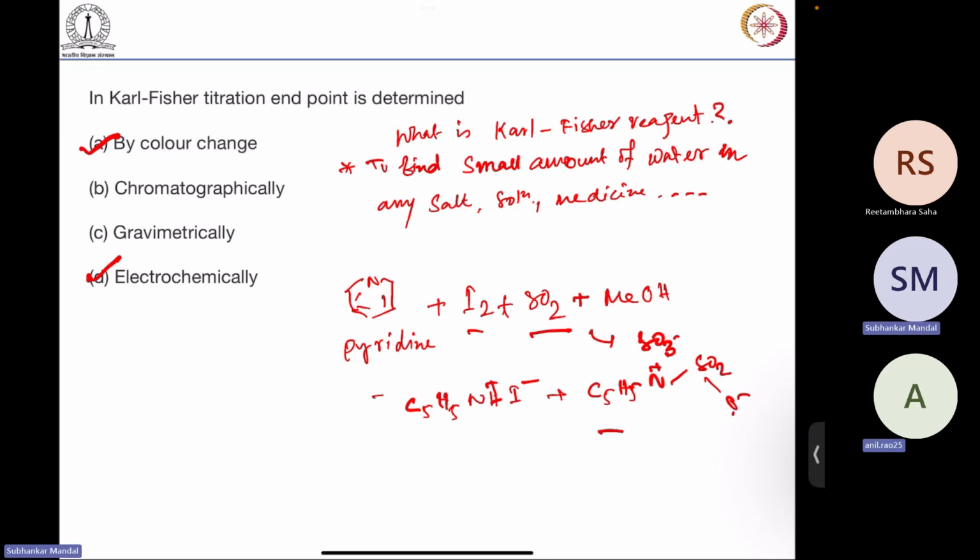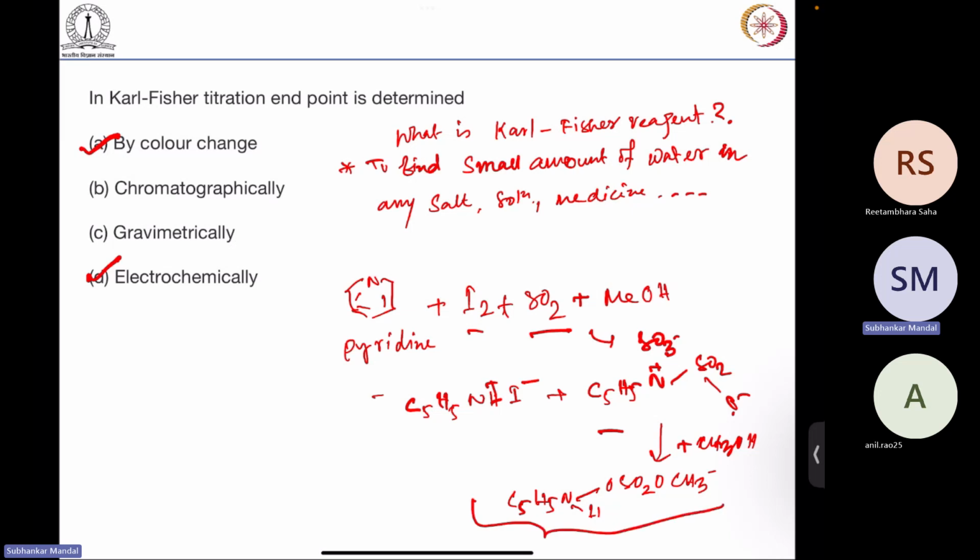After that, what will happen? It will react with the methanol solvent, so it will form C5H5N OSO2O methanol, and here hydrogen. So ultimately this is a colorless solvent.